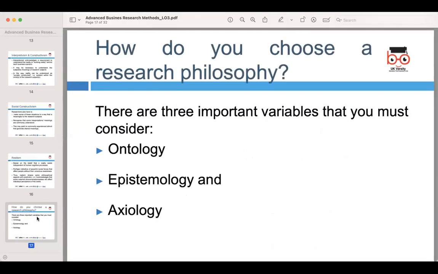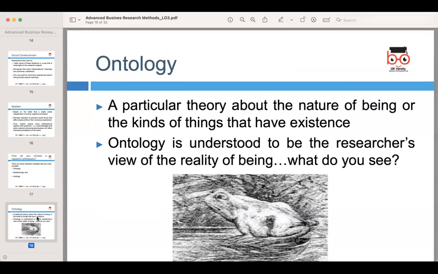How do you choose a research philosophy? There are three important variables that you must consider: ontology, epistemology, and axiology.